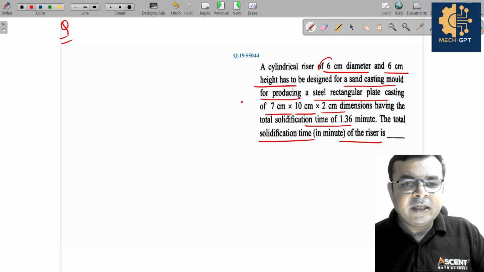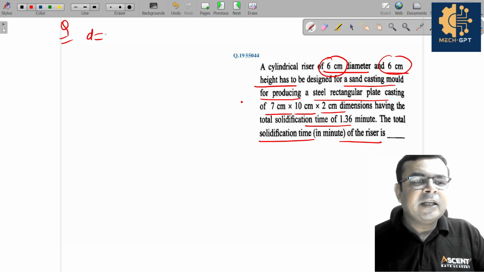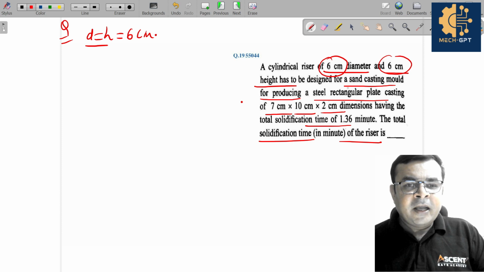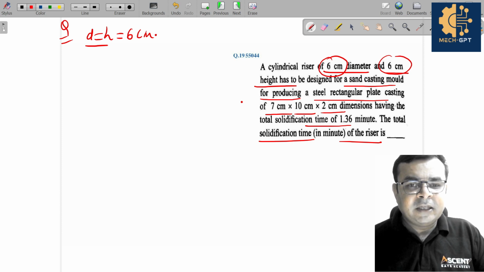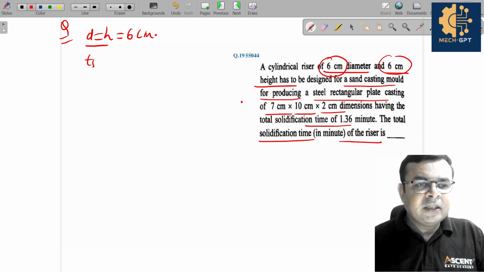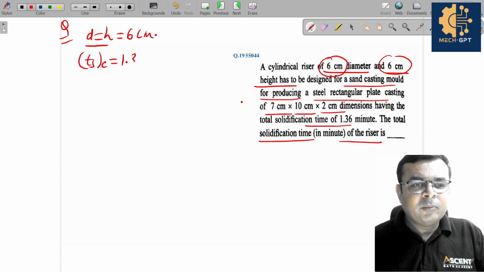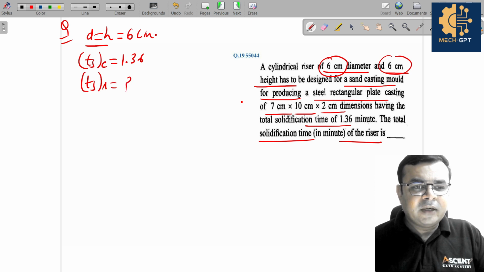You can see the cylindrical riser whose diameter is 6 centimeter and height is 6, so this is a case of D equal to H equal to 6 centimeter. We need to calculate the solidification time of the riser.